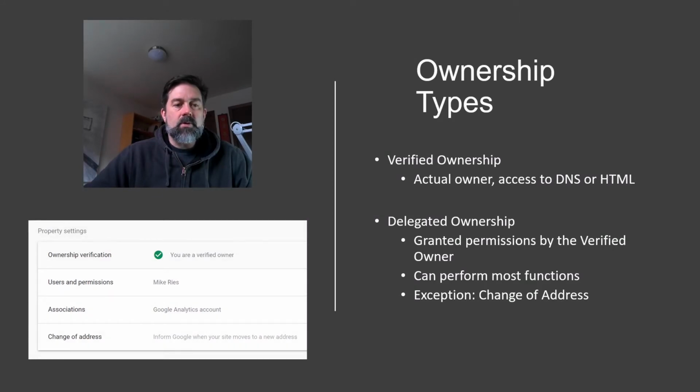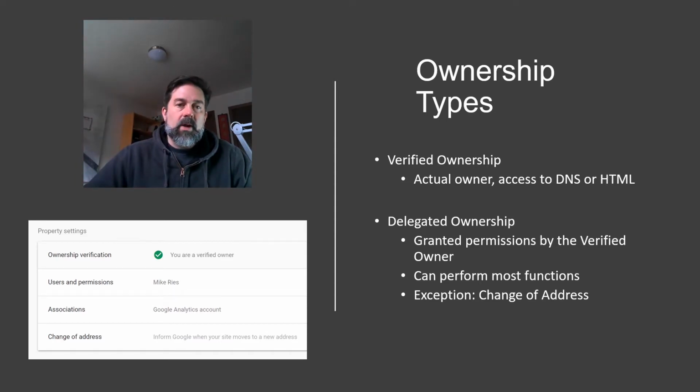There are two ownership types in Google Search Console. The first is verified ownership. This means you're the actual owner and you have access to the domain registrar or the hosting site and the actual HTML code on the website. The other kind is delegated ownership.